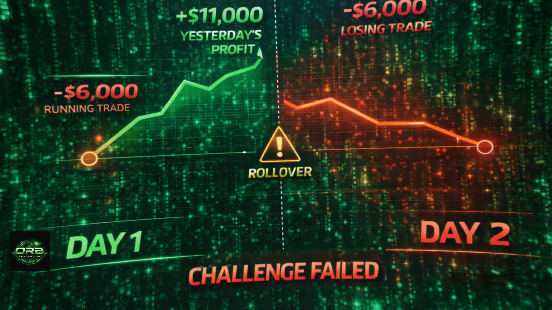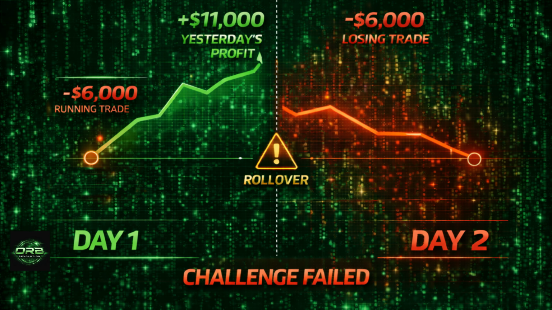Example, you have a day where you have made around $11,000 from a $100,000 account. So you have closed 11K, you're in profit, and there's no need to have any drawdown acquired or handled. However, during this day, you have opened a trade, and this trade, you are up till now losing, for example, 6K.